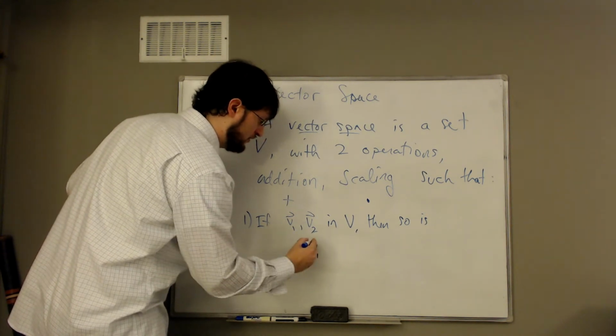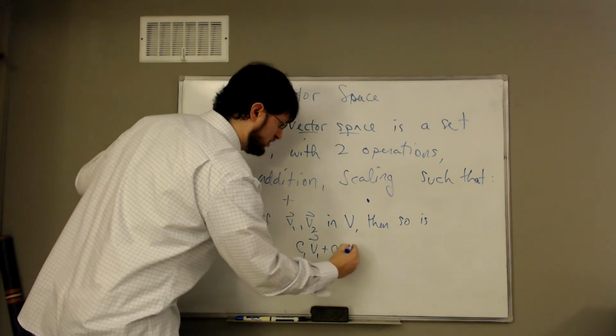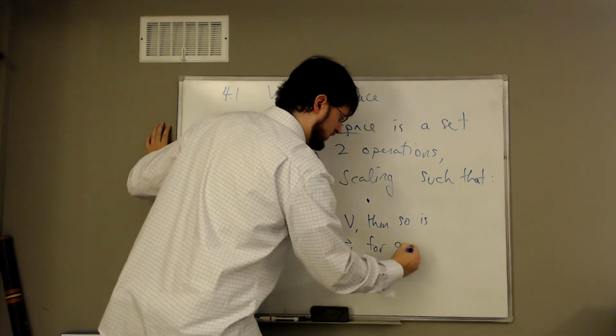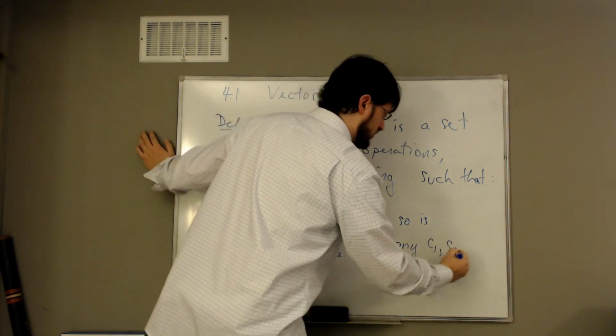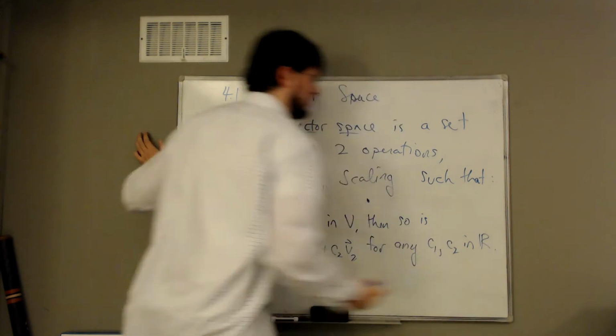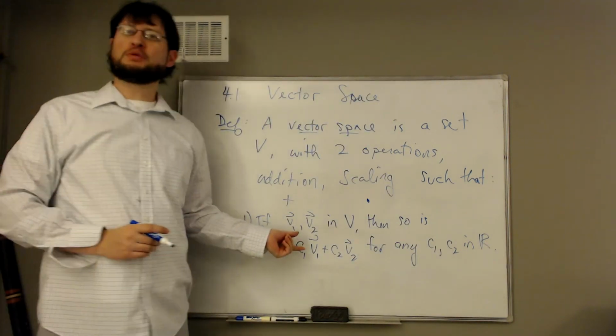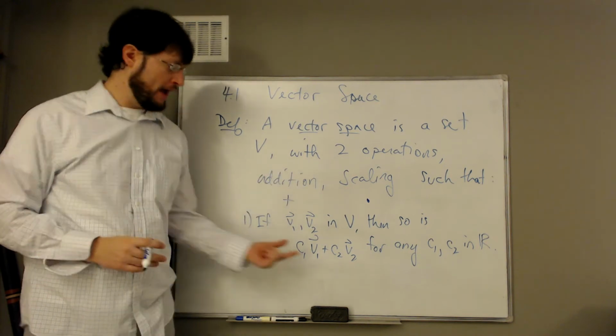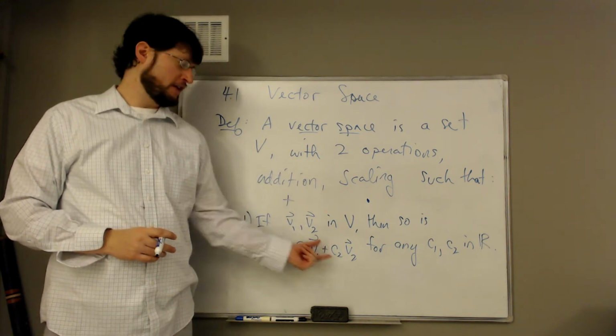So C1 V1 plus C2 V2 for any C1 and C2 in R. So we're going to be able to scale by any real number and still stay in the set, and we're going to be able to add up vectors that were in the set and stay in the set.